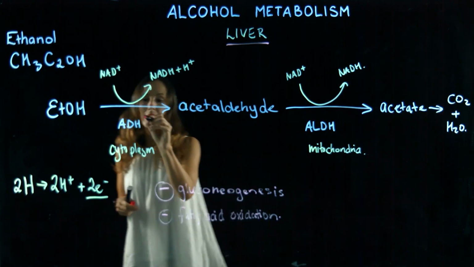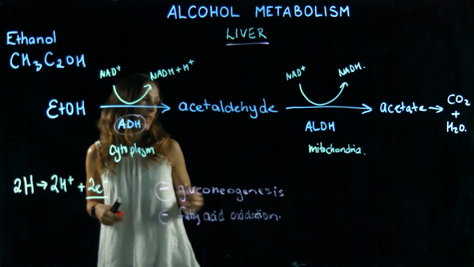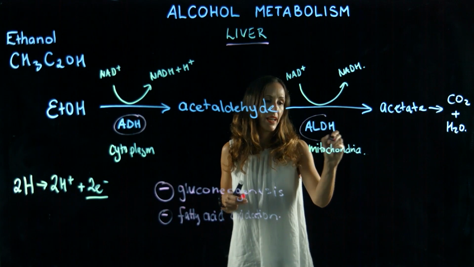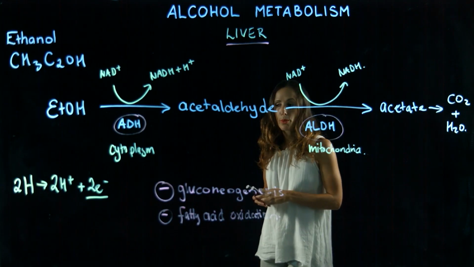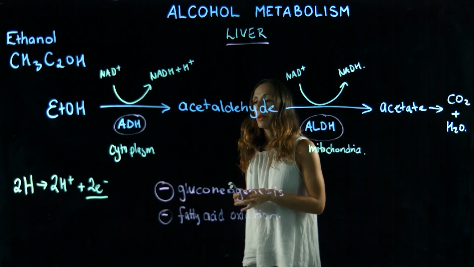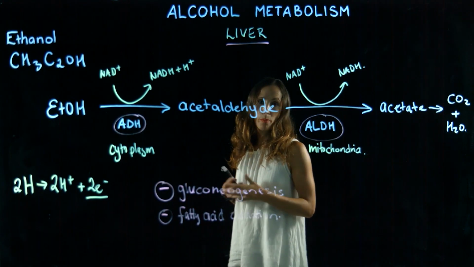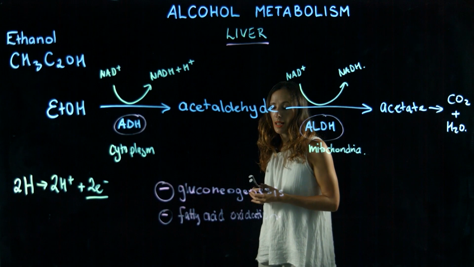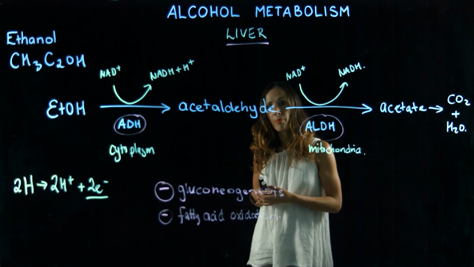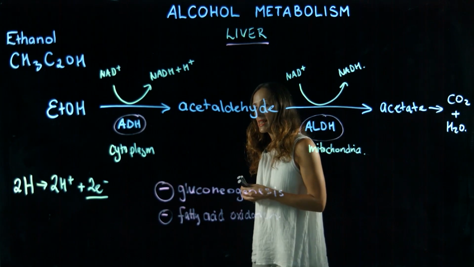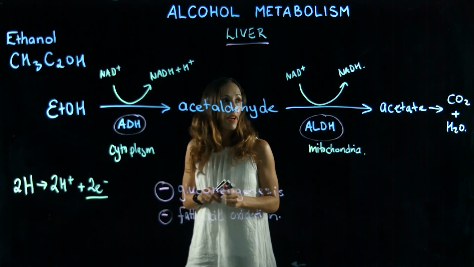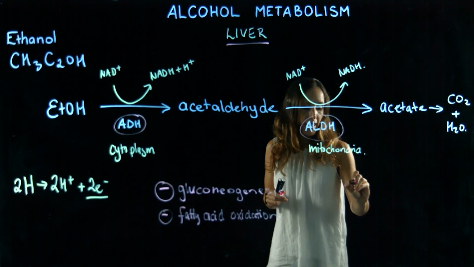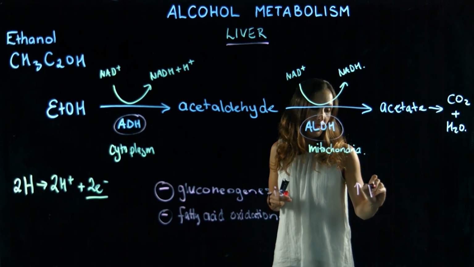There also can be some variants of these two enzymes. Remember, our two enzymes are alcohol dehydrogenase and acetaldehyde dehydrogenase. In different population groups or ethnic groups, we can find different variants or predominance of variants of these types of enzymes. One variant that we see is an alcohol dehydrogenase where the variant can have an increased Vmax.